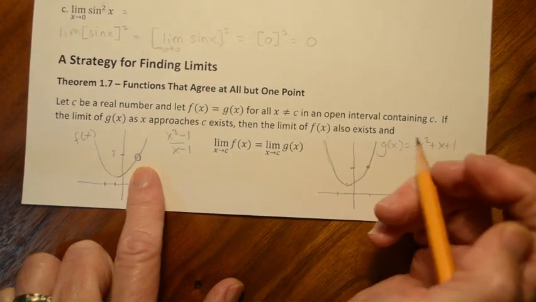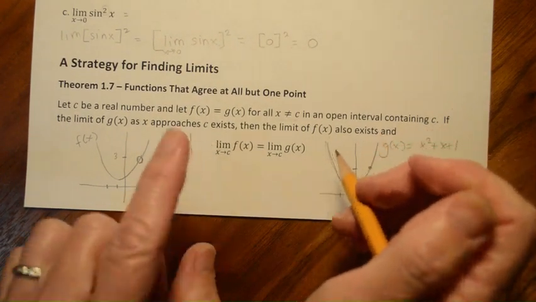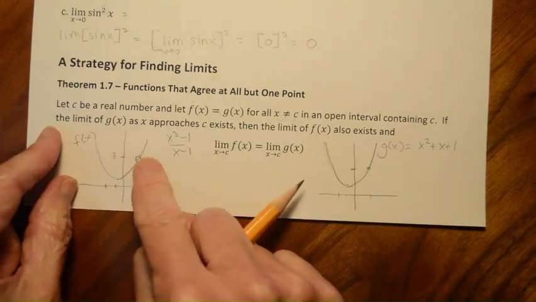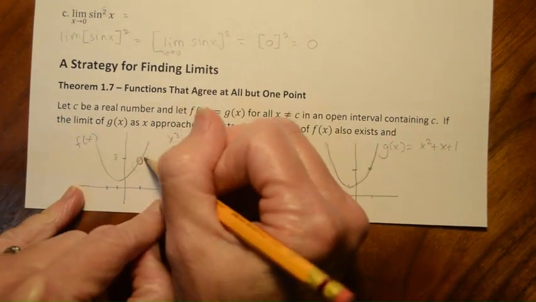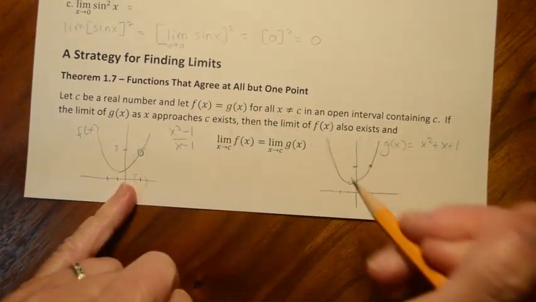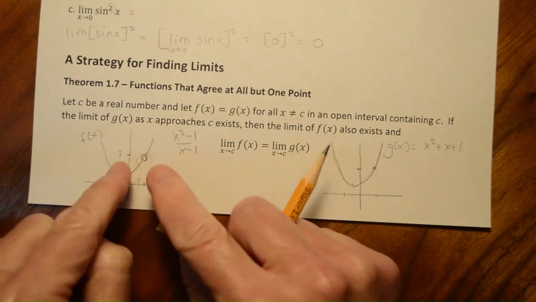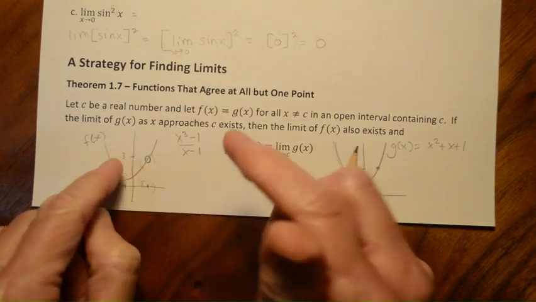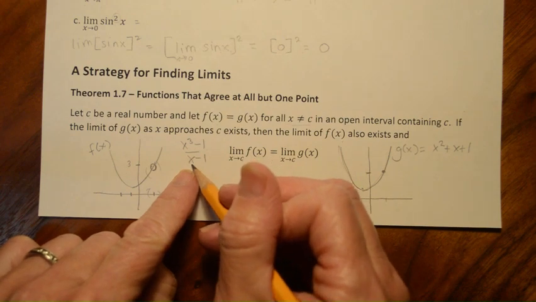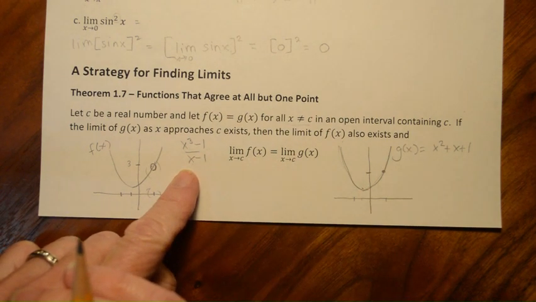So here's a type of example that we can look at. We will revisit it in just a second, but it's saying if I can find two functions that are exactly the same everywhere in an interval around our C, except at C, I can't do direct substitution in here. If I'm trying to find the limit as x approaches 1, I can't plug it in because it's going to make 0 in the denominator.